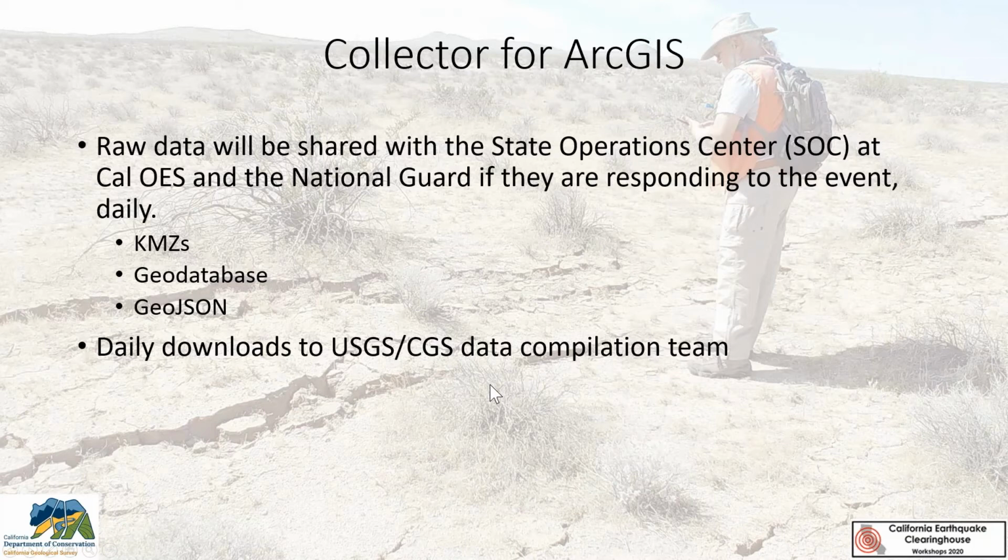We do share data with the State Operations Center, or the SOC, at Cal OES and the National Guard if they are responding. We have a script that will take the data from ArcGIS Online, download it, create KMZs, GeoJSONs, and a geodatabase format, zip it up, and put it into a public location.